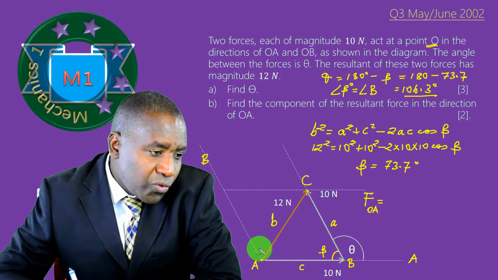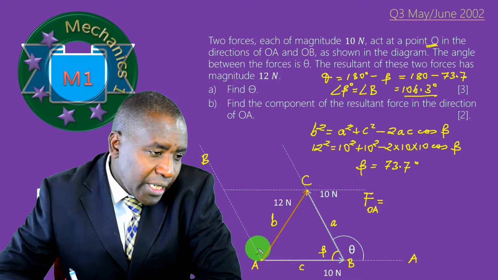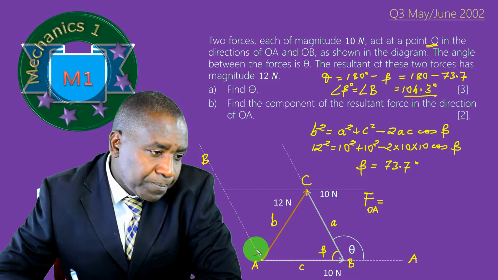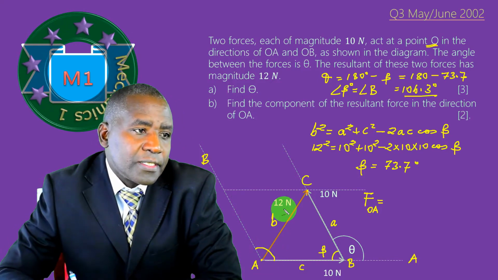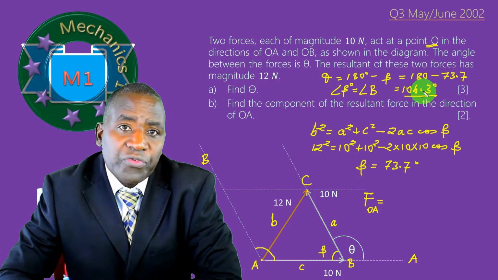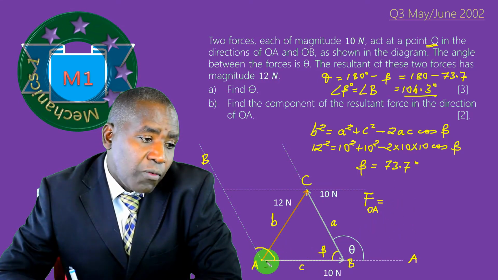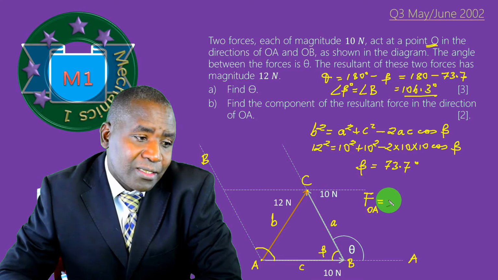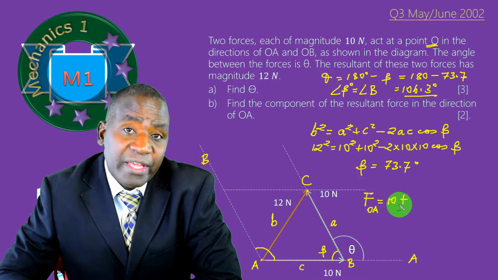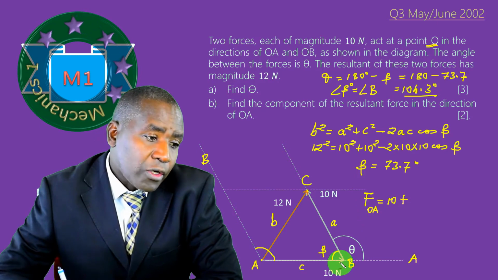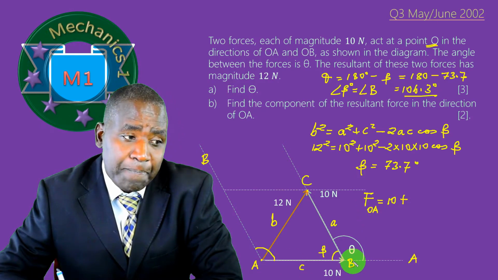And if I know this angle here, I know this angle as 106.3, this is what I will do. One of the components of the resultant is 10 newtons. I mean, the horizontal component consists of these 10 newtons to start with.